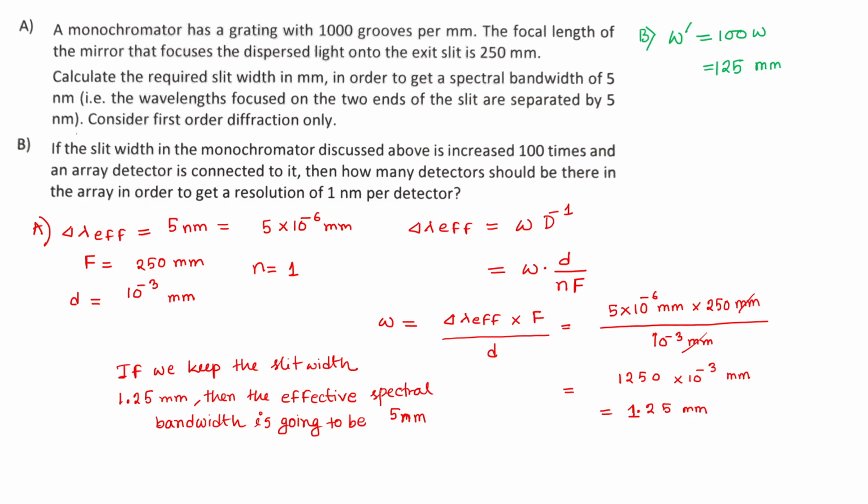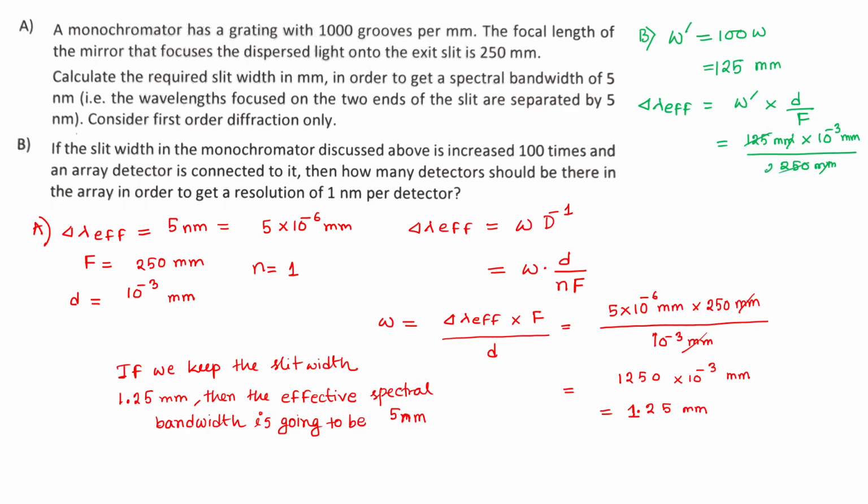So what is going to be my delta lambda effective? That is obviously W dash into D by F. We are considering the first order diffraction, so 125 millimeter. D is how much? 10 to the power minus 3 millimeter, and this is 250 millimeter focal length. 1 millimeter we cut.